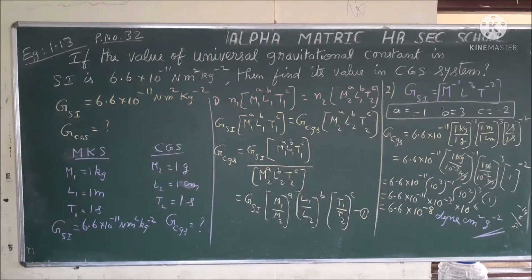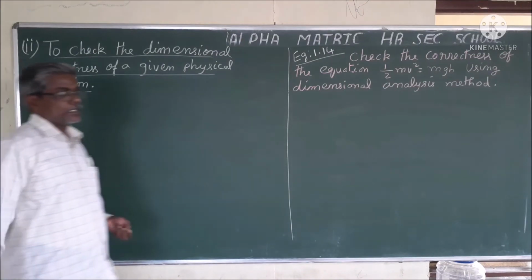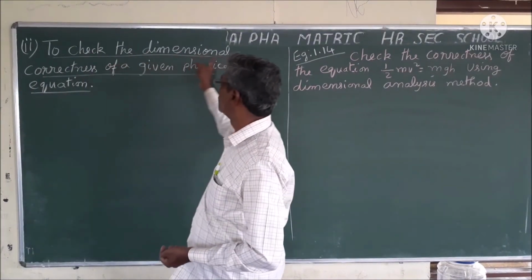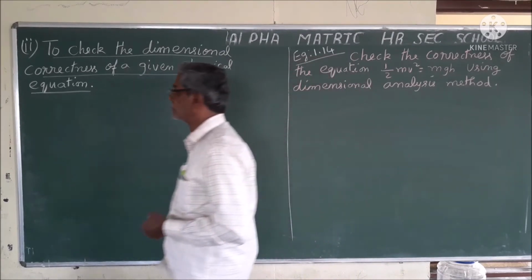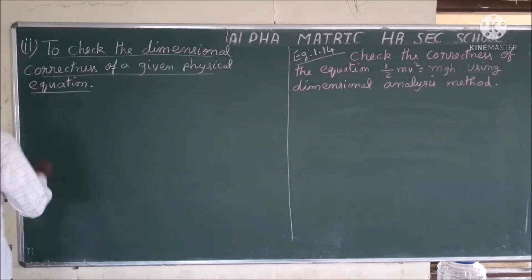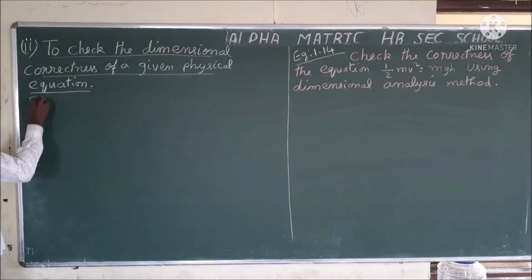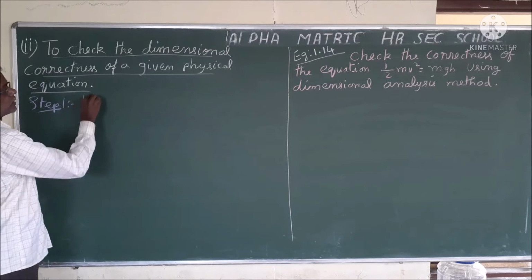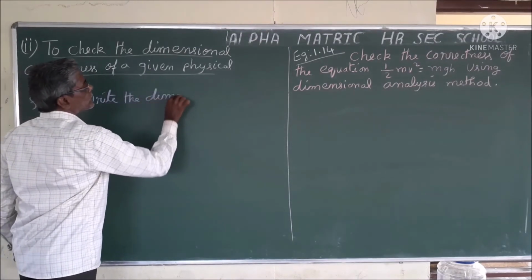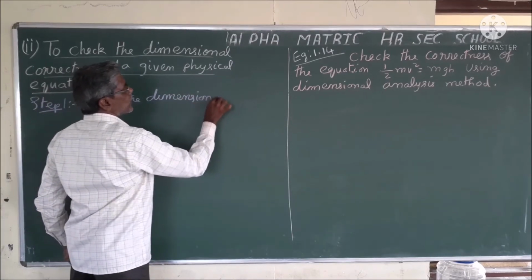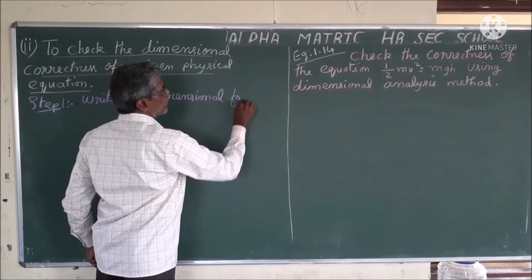Understood? So the next application is to check the dimensional correctness of a given physical equation. There are two steps in this application. Step 1, write the dimensional formula.